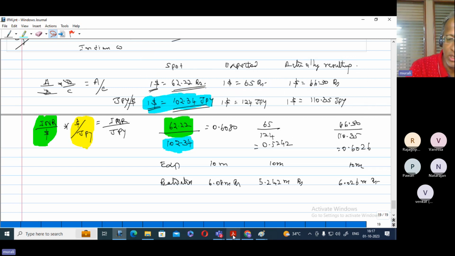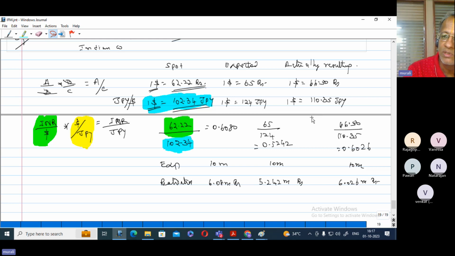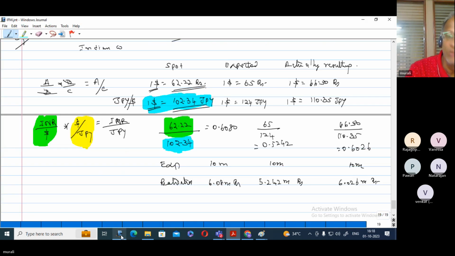Where is that forward? Forward is 66.50 and 110.35. That is forward.